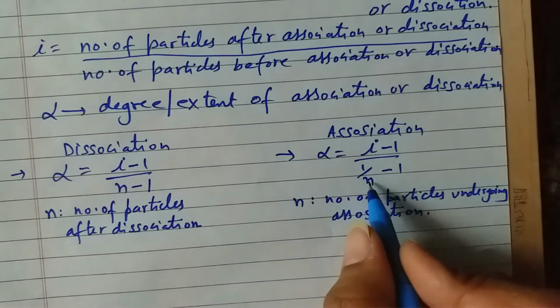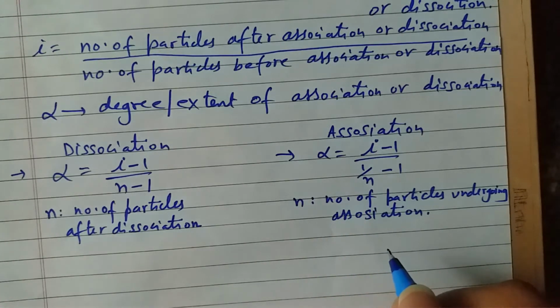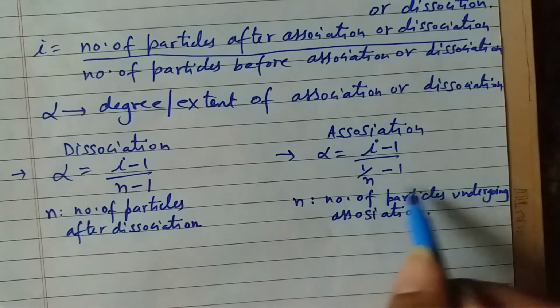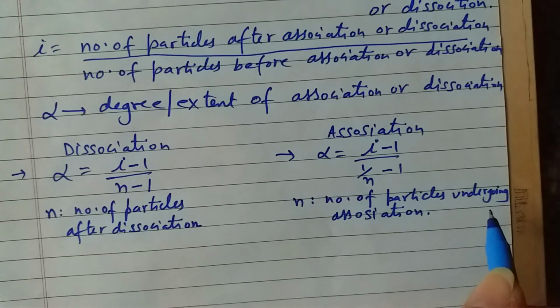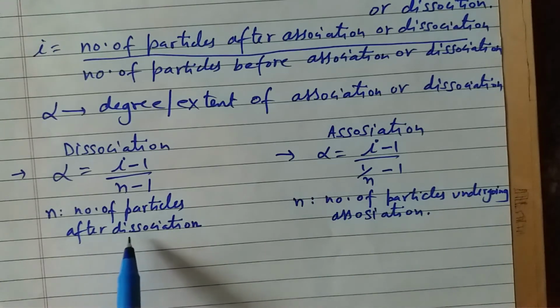That's the value of n in case of association. Like if 2 particles or 2 molecules of ethanoic acid join together to form a dimer. So because 2 particles are joining together, you will take the value of n equal to 2. How many particles are joining together to form the final form, and how many particles do you get after the dissociation process? So that's n in the 2 cases.